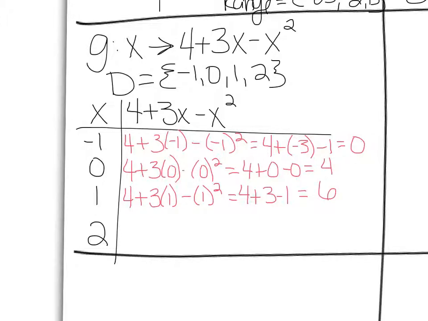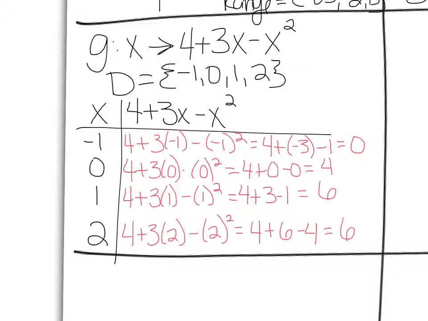And finally, when I plug in 2, 4 plus 3 times 2 minus 2 squared, I get 4 plus 6 minus 4, which is also 6.